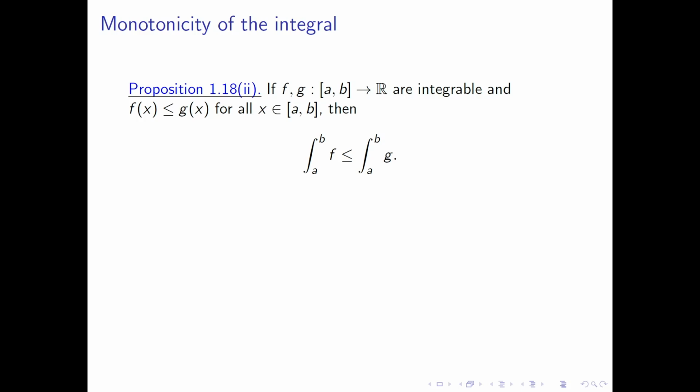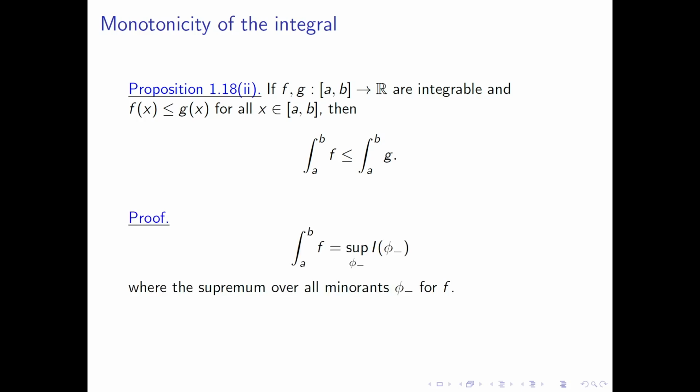And one of them is this, which I highlighted last time. It says that if I have two integrable functions f and g, and f(x) is less than or equal to g(x) for every x, then the integral of f is less than or equal to the integral of g. Okay, so let's prove that. The integral of f exists. We're assuming that f is integrable, and it's therefore equal to the supremal possible value of I phi minus over all minorants phi minus for f.